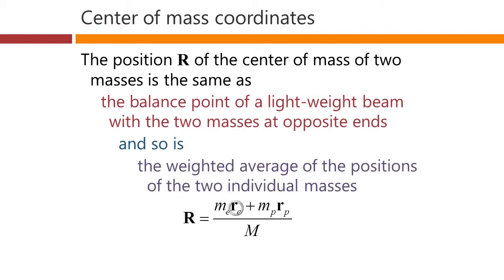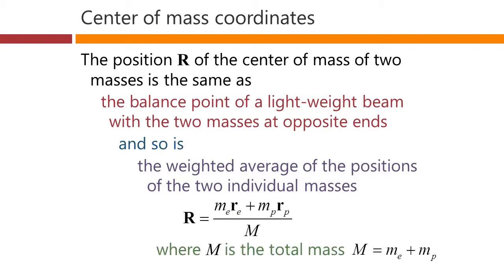So we've got a weighted average of the electron coordinate position and the proton coordinate position, weighted by the relative amount of mass for the electron compared to the total mass, and the relative amount of mass of the proton compared to the total mass. So that total mass, capital M, is just the sum of the electron and the proton masses.